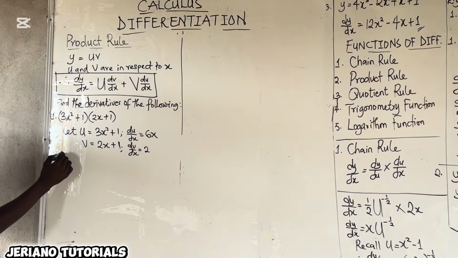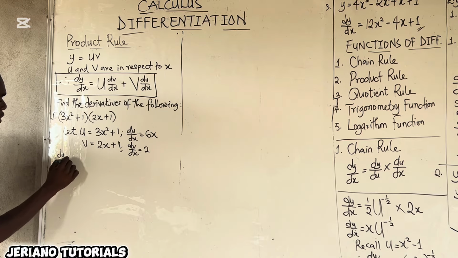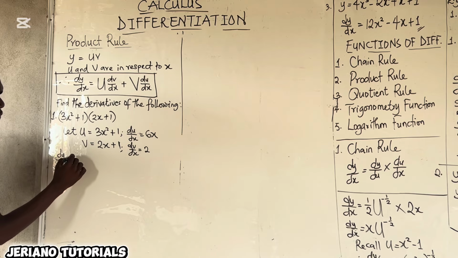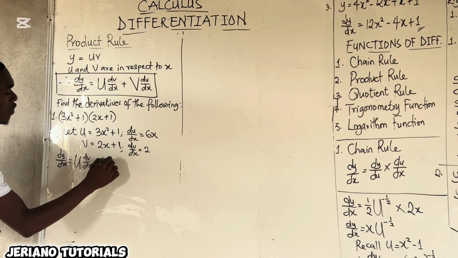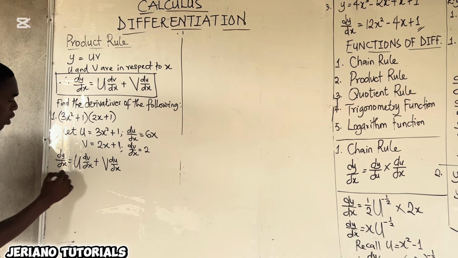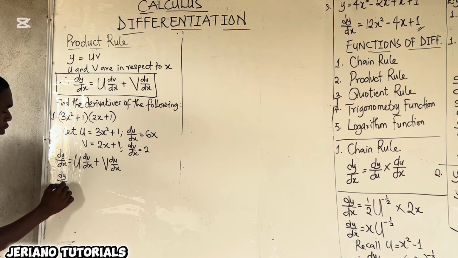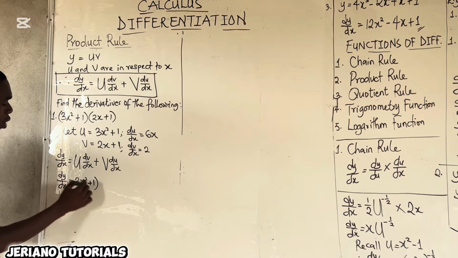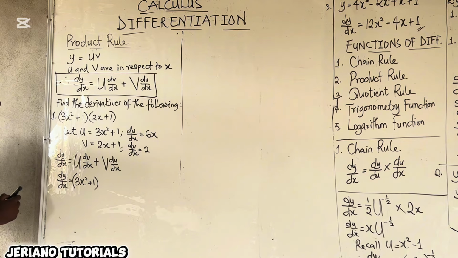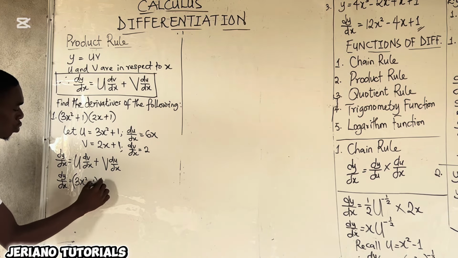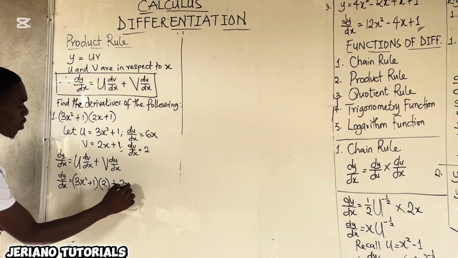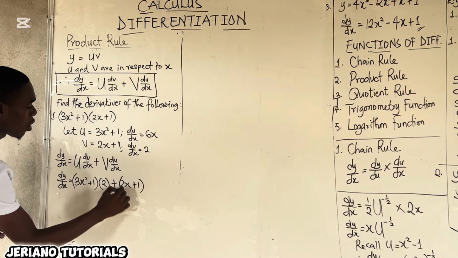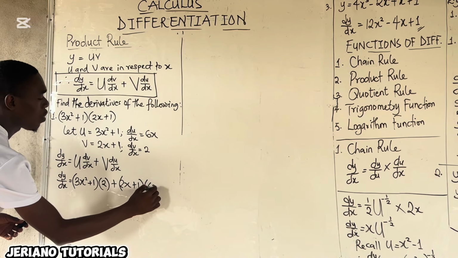Now the next thing, we bring our formula: dy/dx is equal to u dv/dx plus v du/dx. Now dy/dx will become u, which is 3x squared plus 1, times dv/dx, which is 2, plus v, which is 2x plus 1, times du/dx, which is 6x.